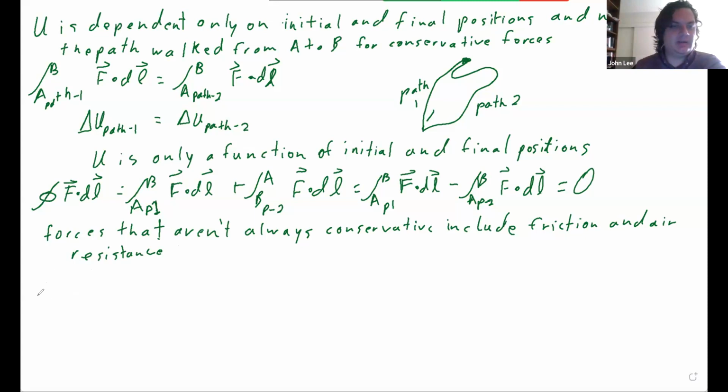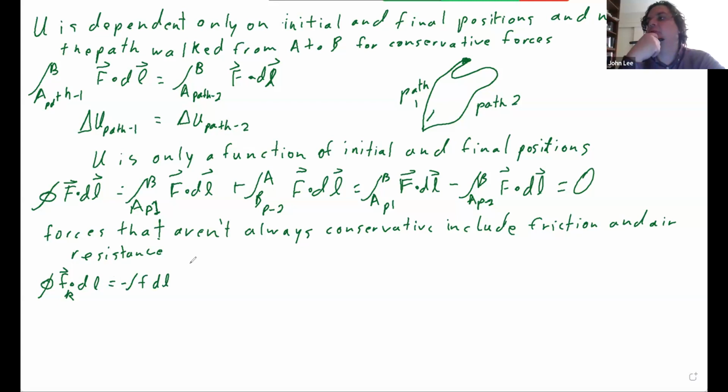So if we talk about Fk dot dl, then Fk is always going to be pointing in the opposite direction of dl.